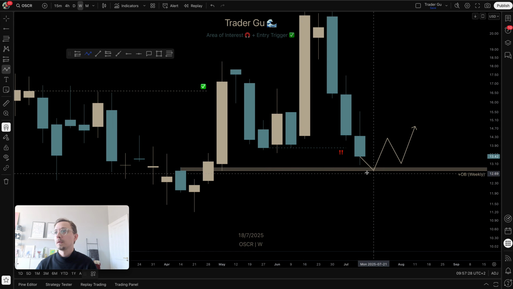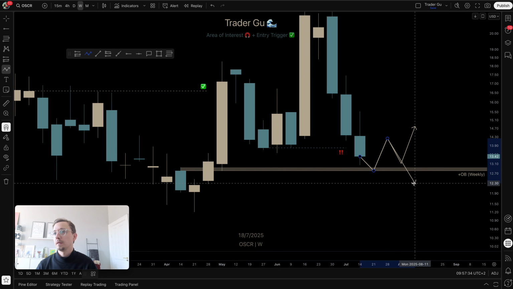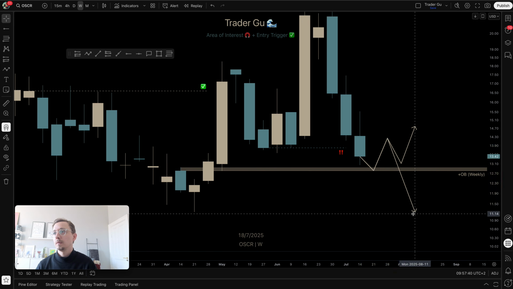Or it could also be that we are having a reaction and then finally moving further south and then invalidating this weekly order block.